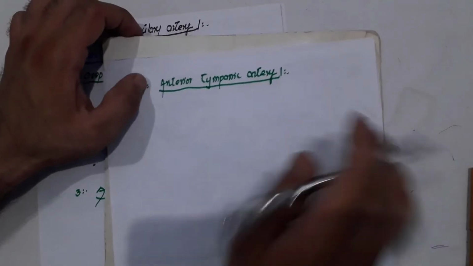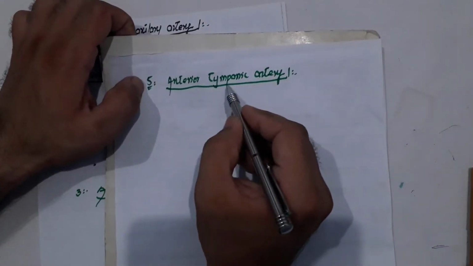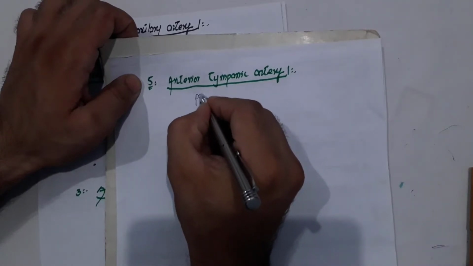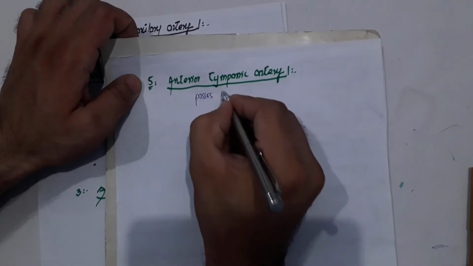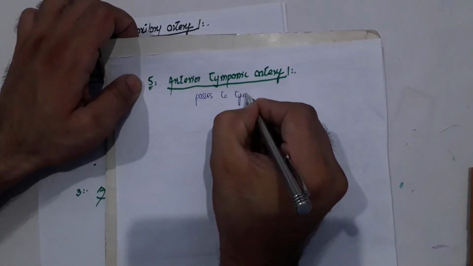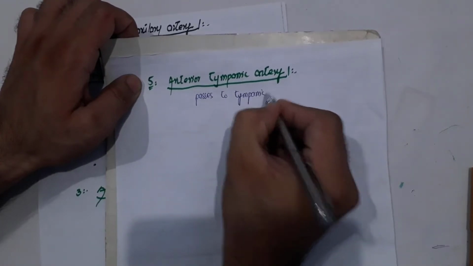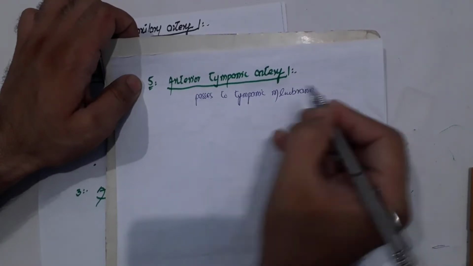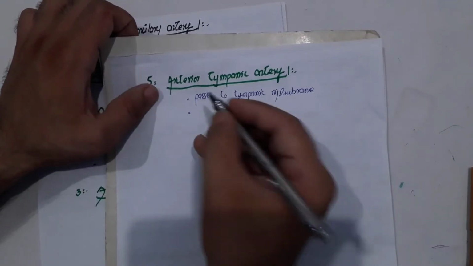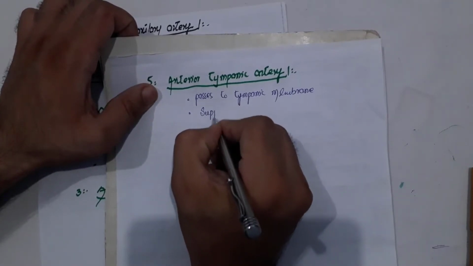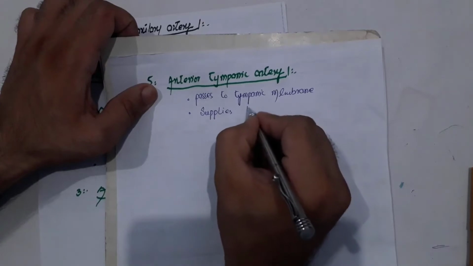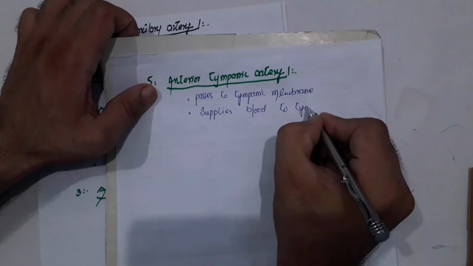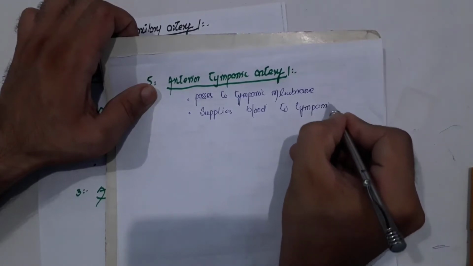And where does this artery go? Look carefully, tympanic membrane, right? So this artery passes to the tympanic membrane, and it supplies blood to the tympanic membrane.